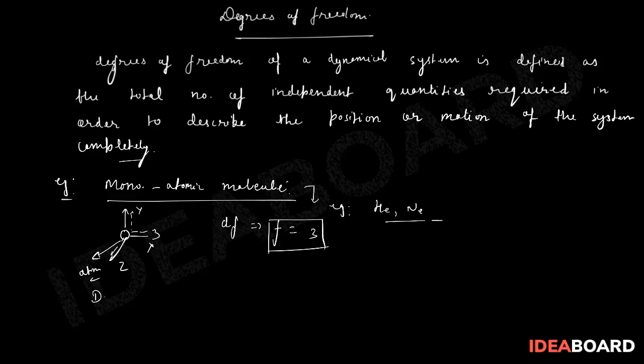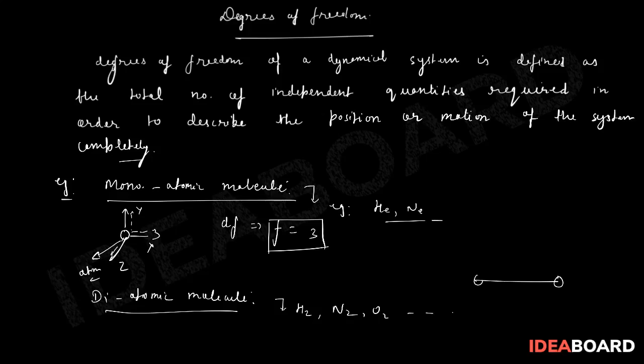Now talking about diatomic molecule. For diatomic molecules like H2, N2, O2, such type of gases. Suppose a diatomic molecule is there, let's say like this, so they will have the covalent bond, correct? So let us define the axes. We can still define three axes, y, x and z. Z axis is out of the plane, correct?